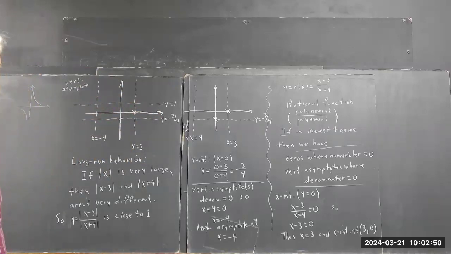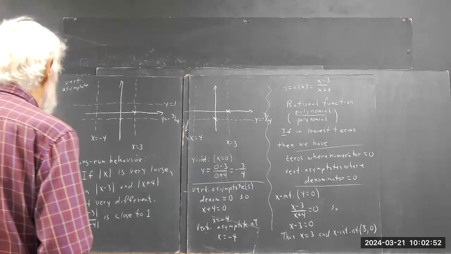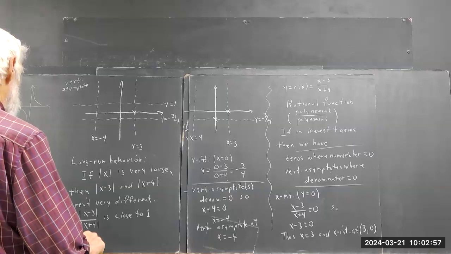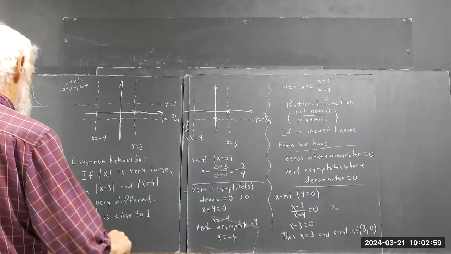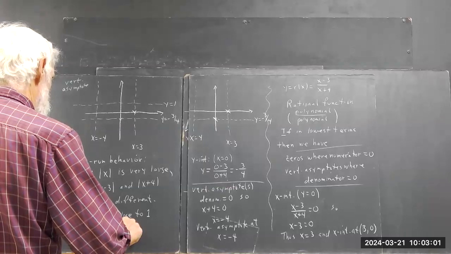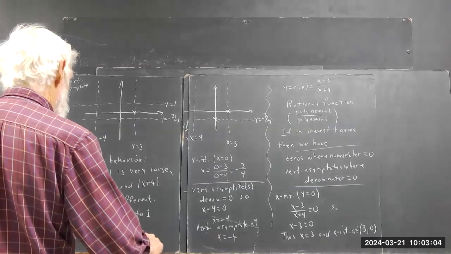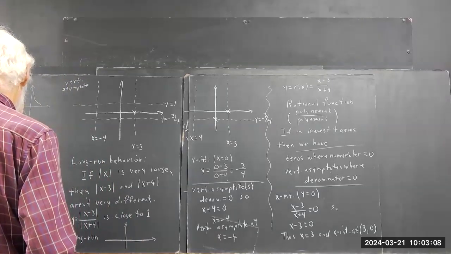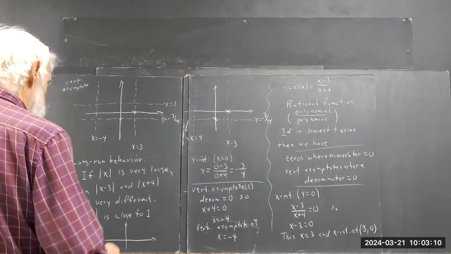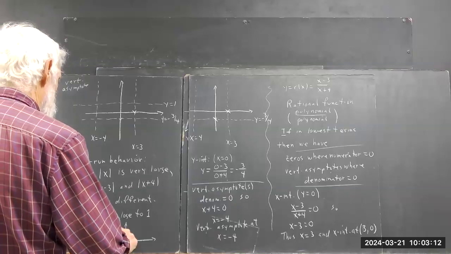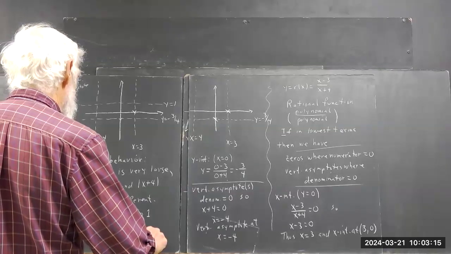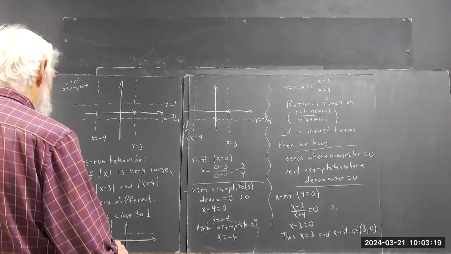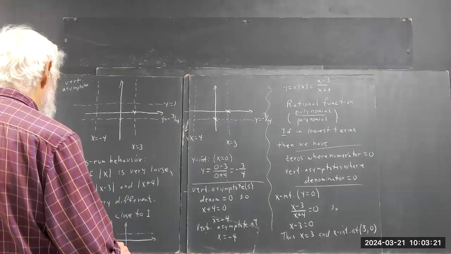So the long run behavior looks something like this. Here we have x equals negative 4.